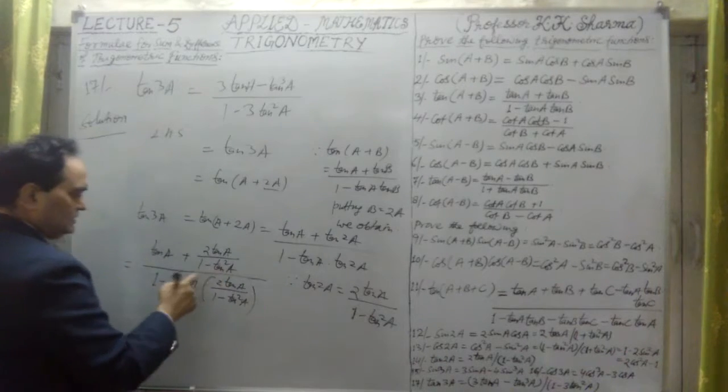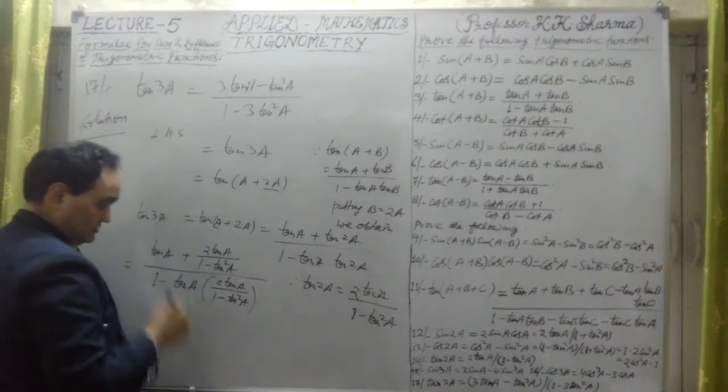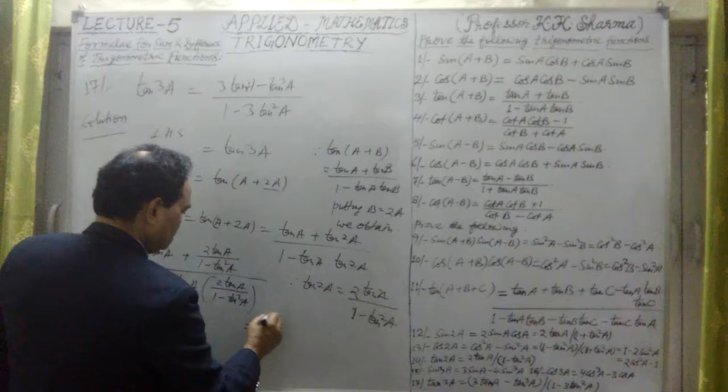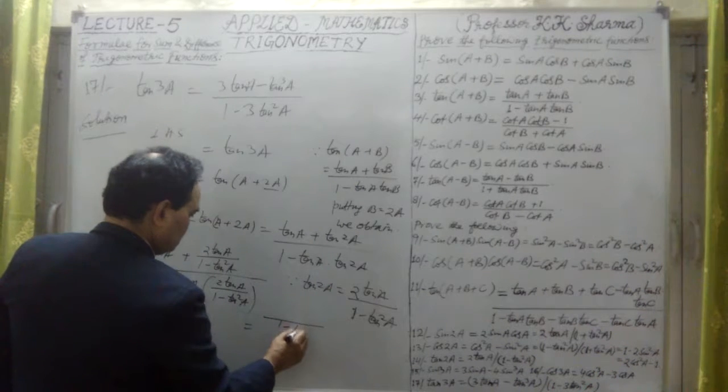What do we see here? Taking LCM, 1 minus tan square a, in the numerator we obtain, taking LCM here 1 minus tan square a.